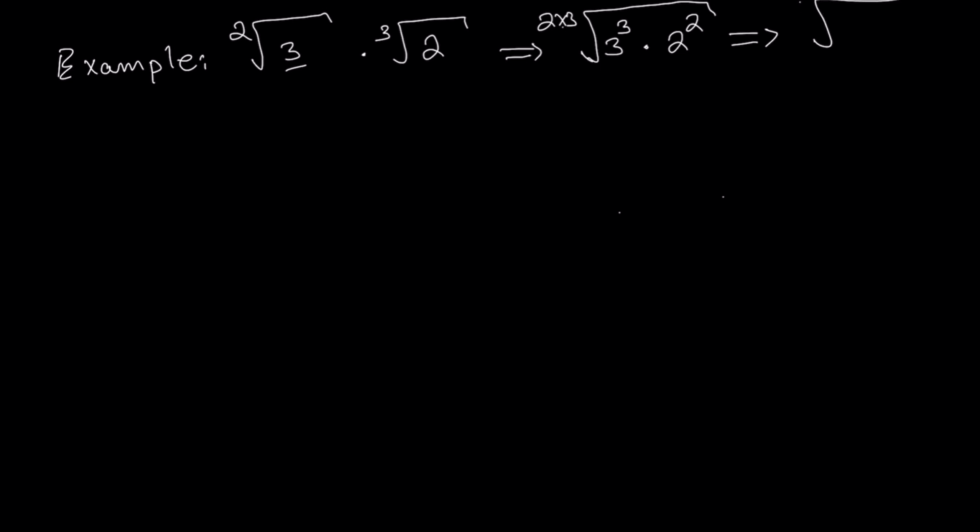So let's say 6 is the new index. 3 to the power 3 will be 27, and 2 to the power 2 is 4.